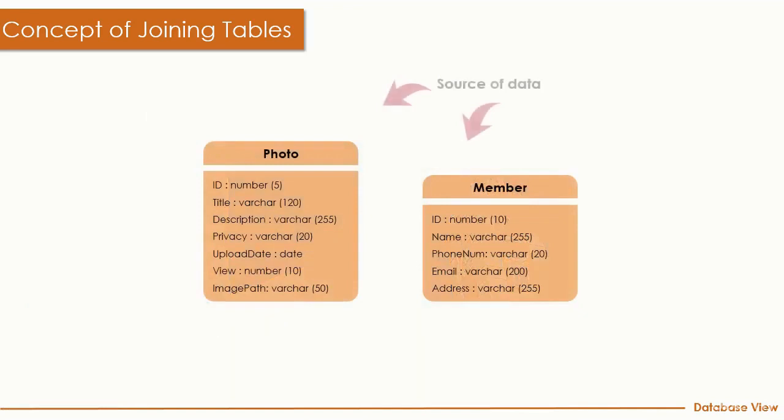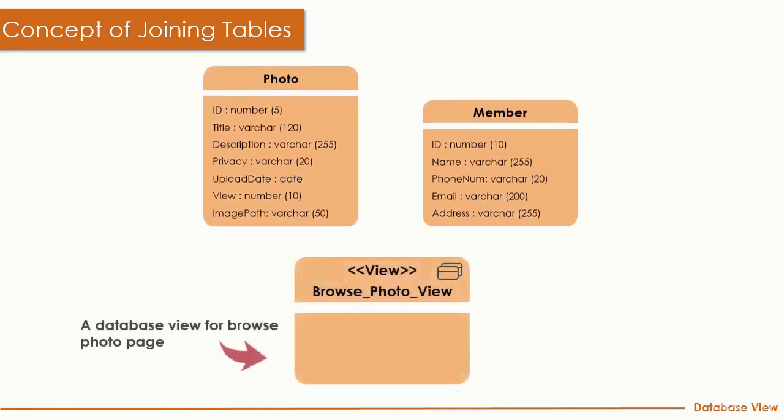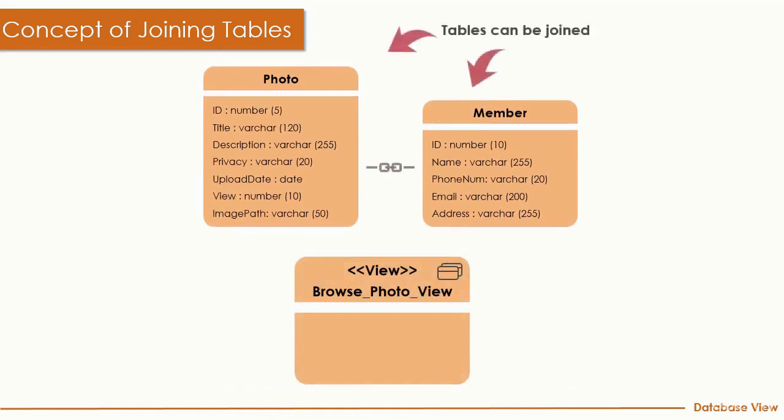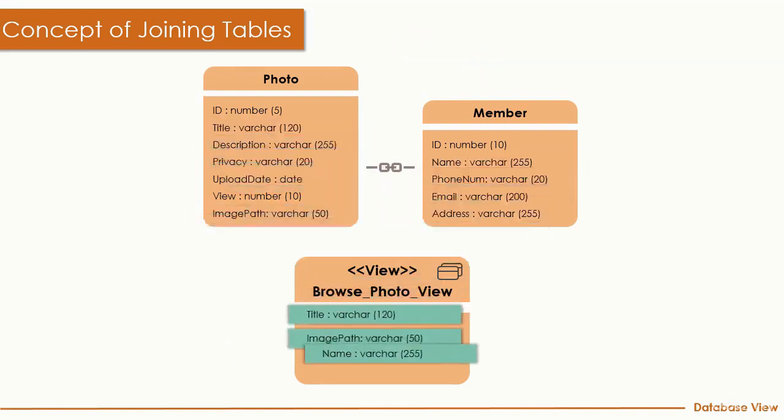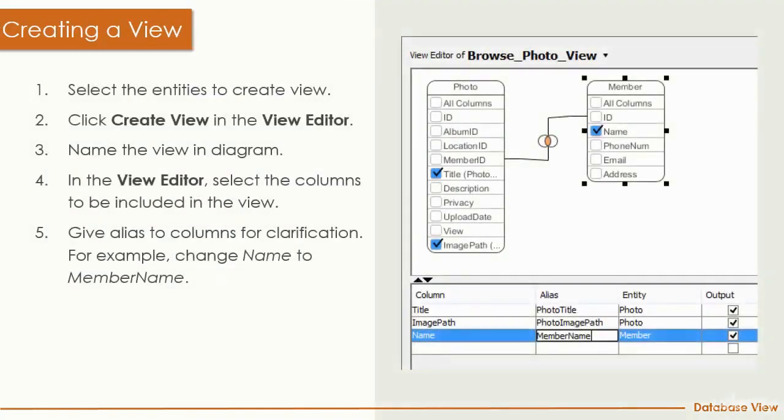In this case, we need two tables: the photo and the member, these two source tables. The database view we need is a browse photo view. We need the data from both the photo and the member: the title, image path, and the name of the member to show in my view. So let me show you how to create this view in Visual Paradigm.